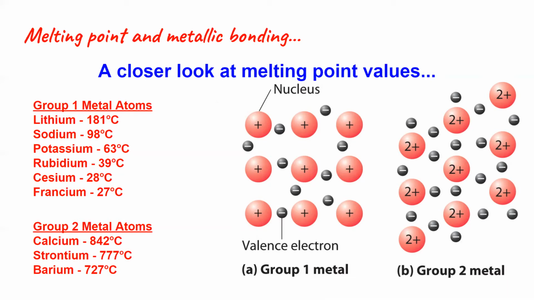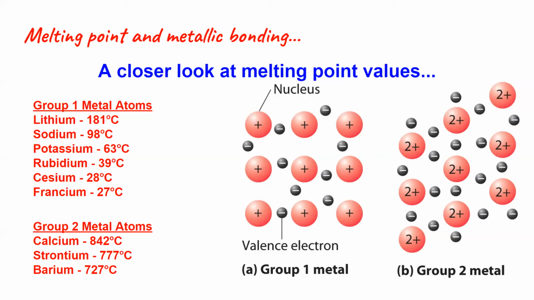At the bottom of a column, where the atoms are much larger, low melting points and boiling points. When we compare two atoms in the same period, which is what we were doing on this slide, we find out that elements in group 2, because they have twice as many valence electrons, have much stronger bonds and therefore much higher melting points when compared to elements in group 1.